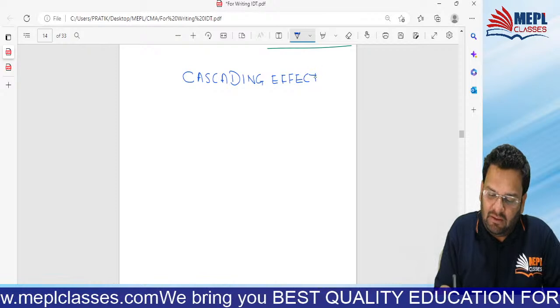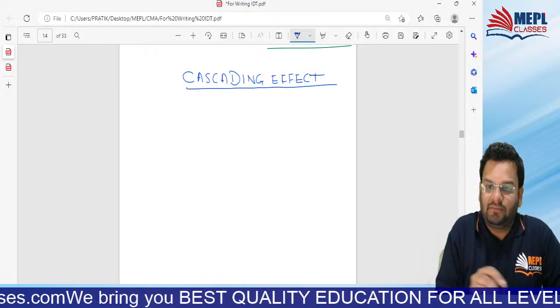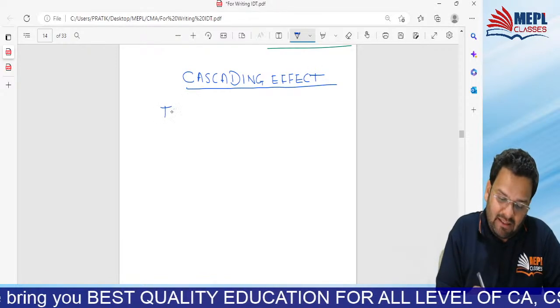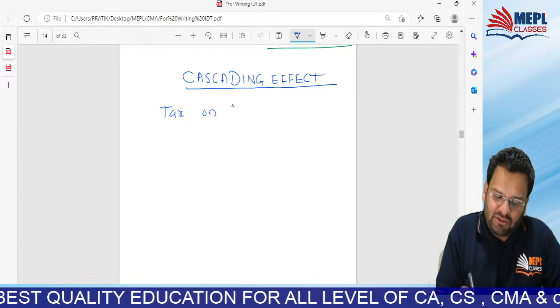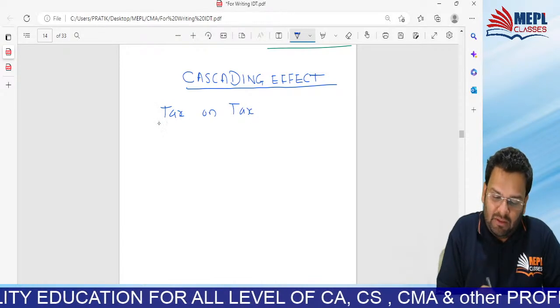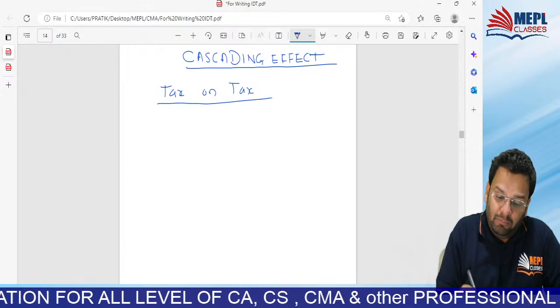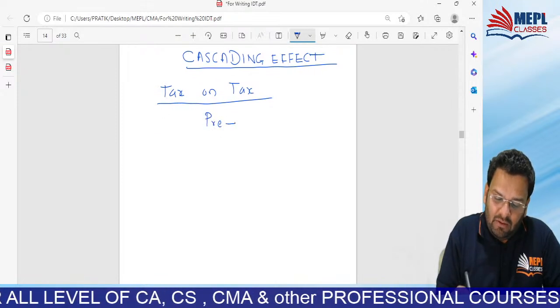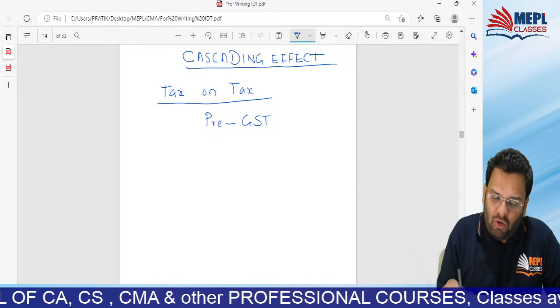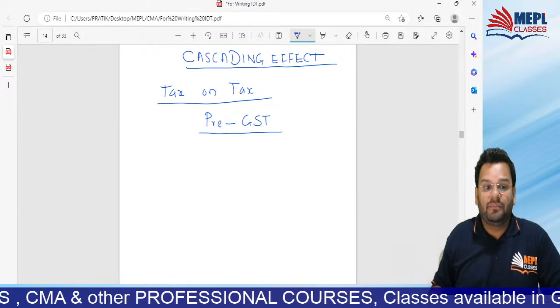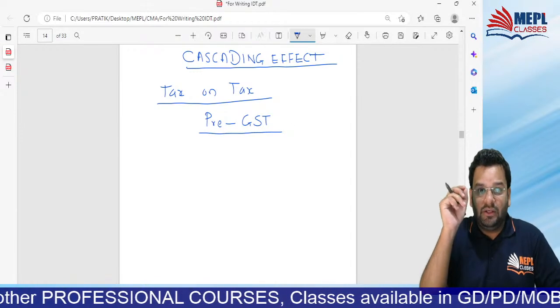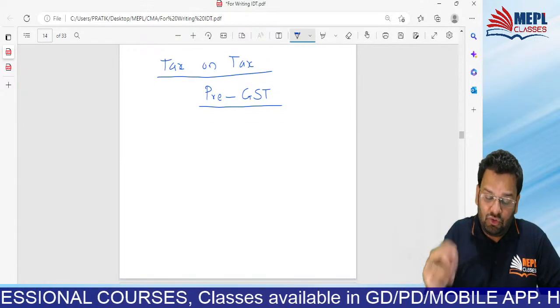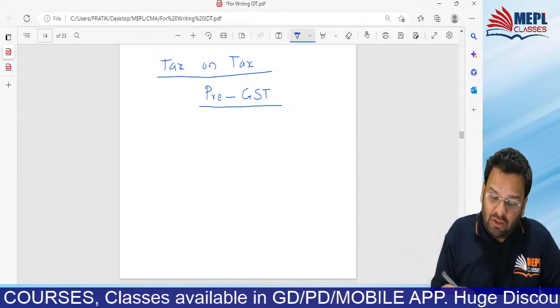Cascading effect is tax on tax. Now I am talking about pre-GST. Pay attention carefully: pre-GST, what used to happen?